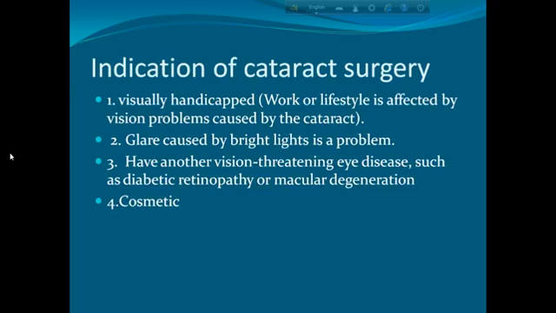And when you do cataract surgery, maybe you discuss in your lecture class: a visually handicapped person, glare caused by bright light is a problem, or another vision-threatening eye disease like diabetic retinopathy and macular degeneration.